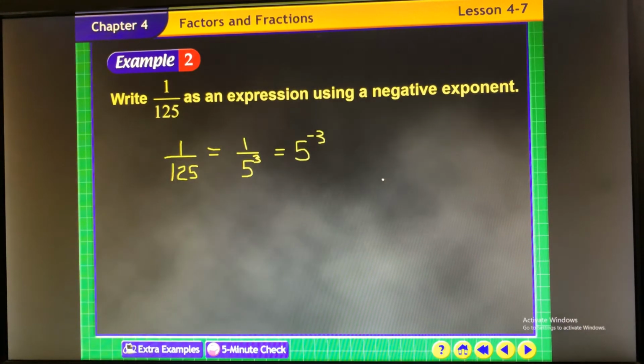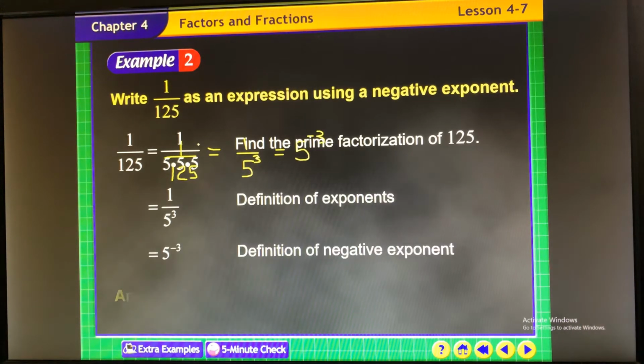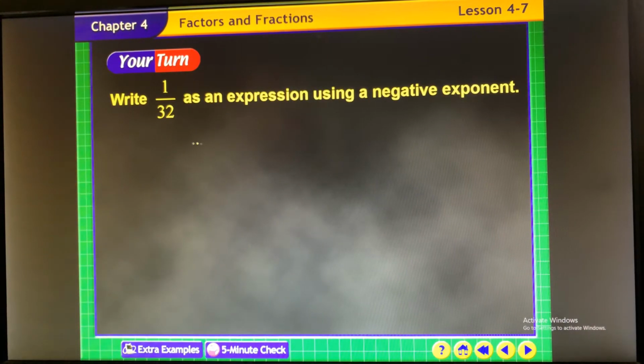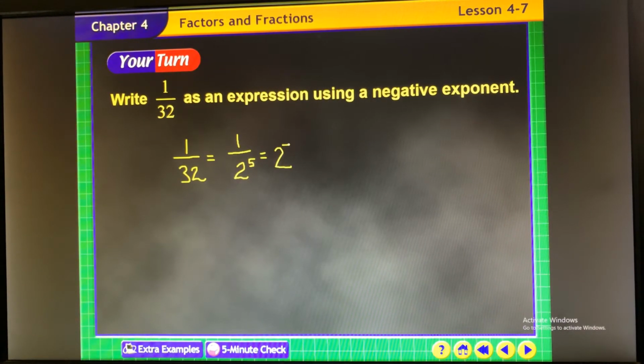And if you didn't know it was 125, then you could do a prime factorization factor tree. So 1 over 32 is equal to the same thing as 1 over 2 to the 5th, which is the same thing as 2 to the negative 5th.